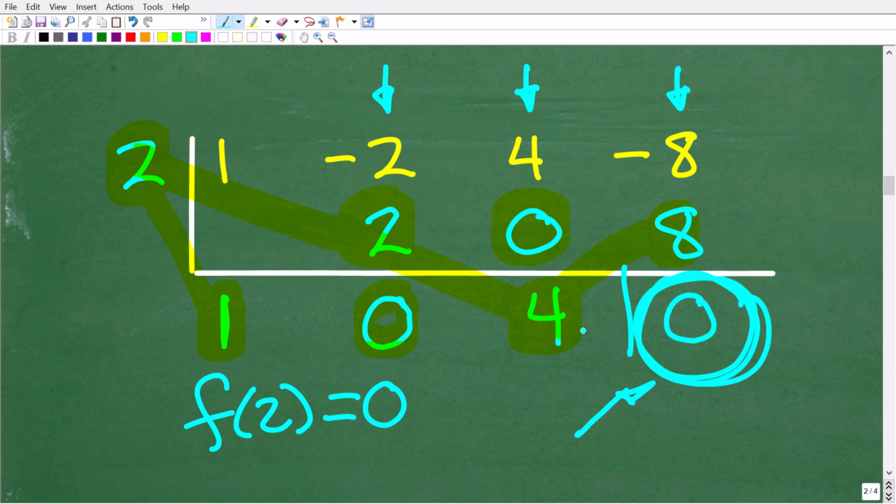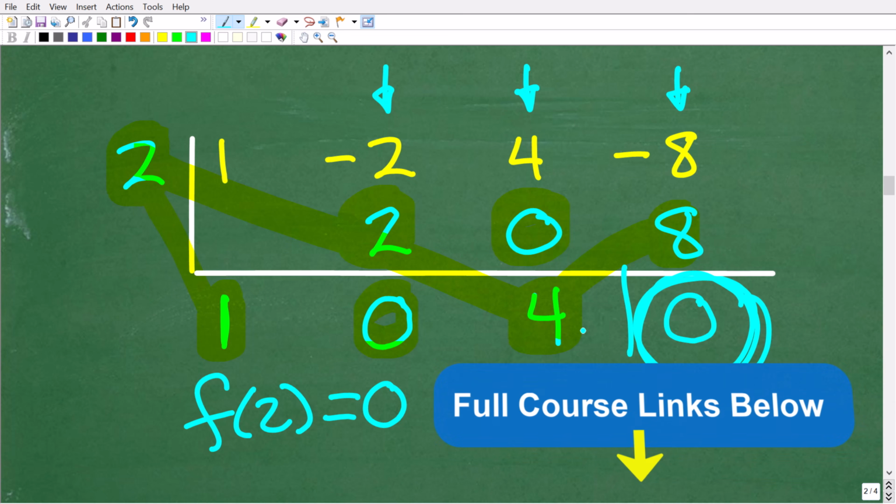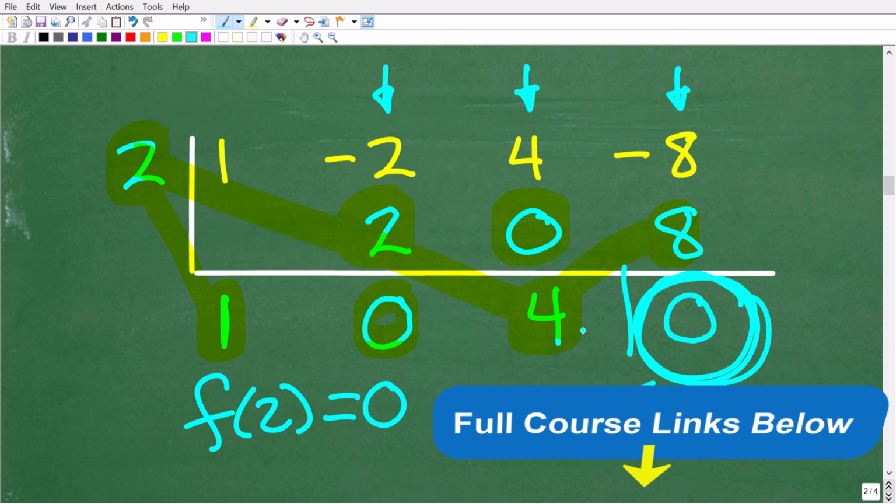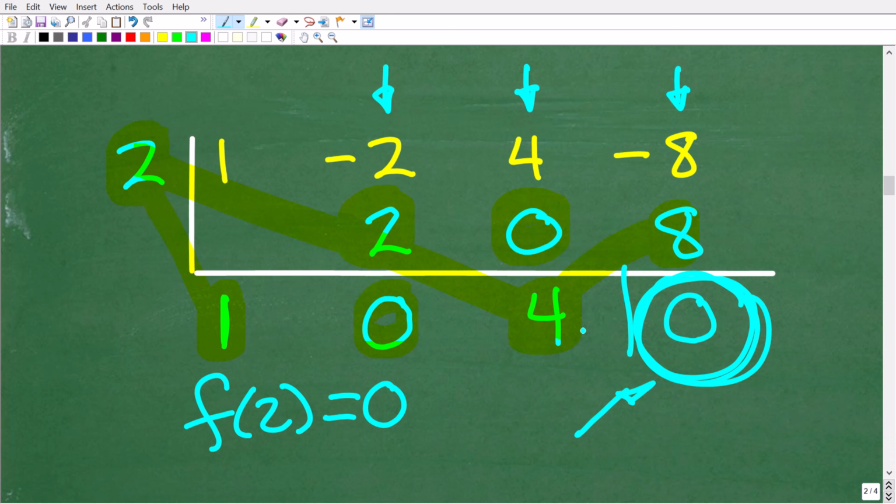So now you have two ways to evaluate functions. And if you're interested in synthetic division or polynomial division, you need to check out my Algebra 2 and or pre-calculus courses or my college algebra course as well. You can find links to all of this in the description of this video.